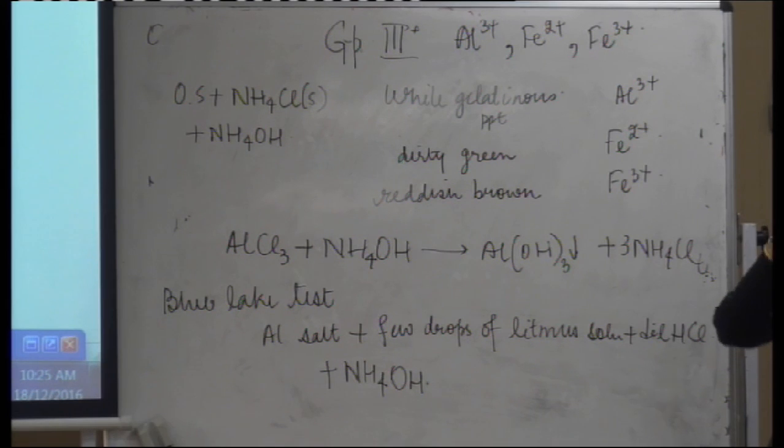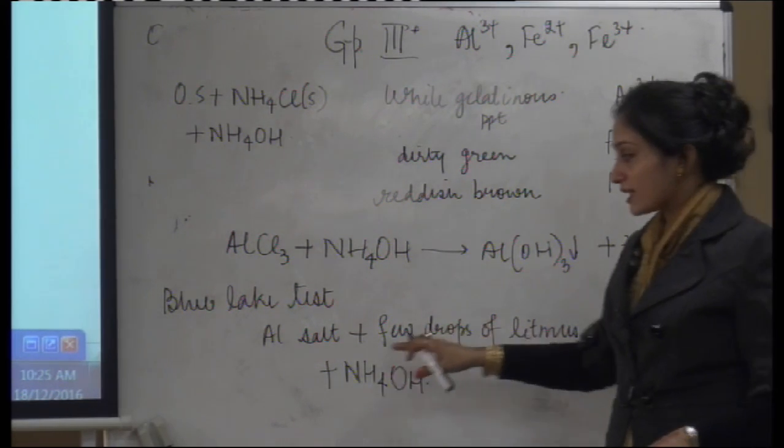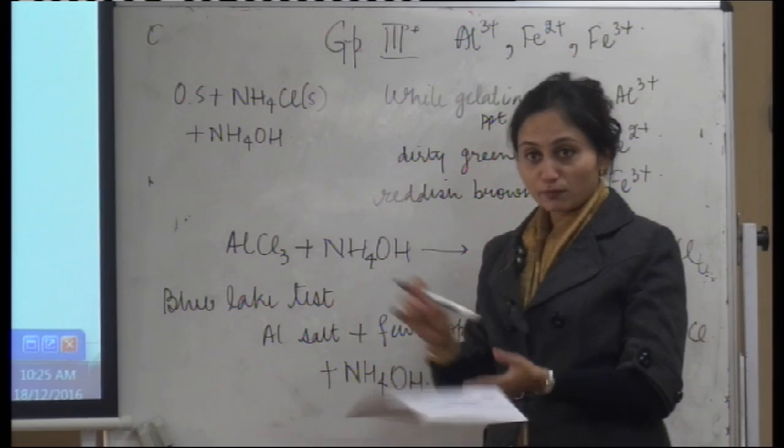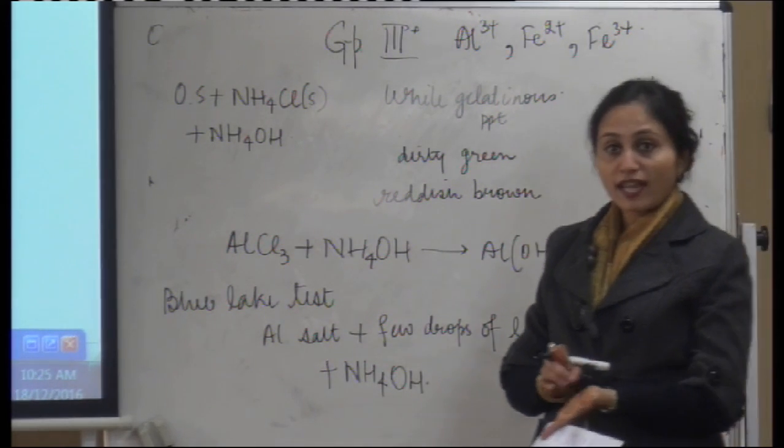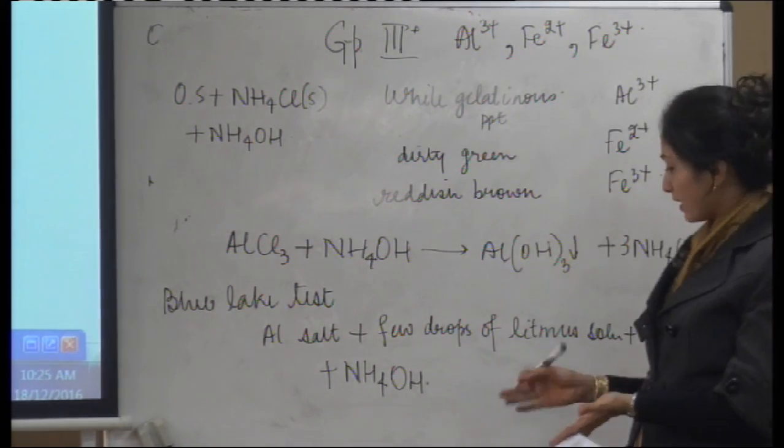Adsorb का मतलब पता है ना, just on the surface. So what you have is, you have the aluminium salt, हमने litmus solution को as a pigment add करा है, and then we've added our normal reagents, maybe HCl and NH4OH.